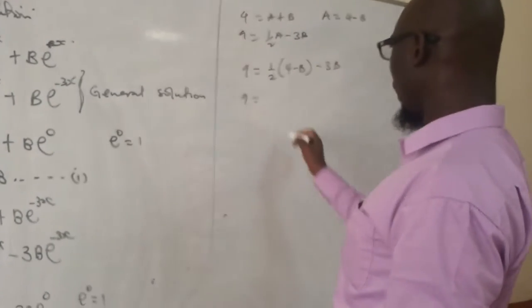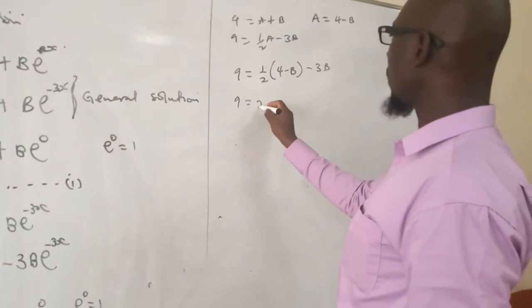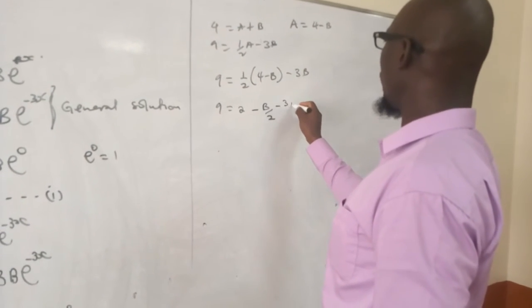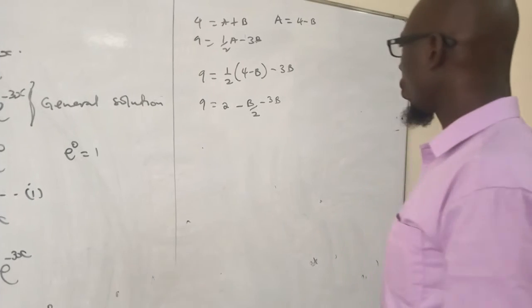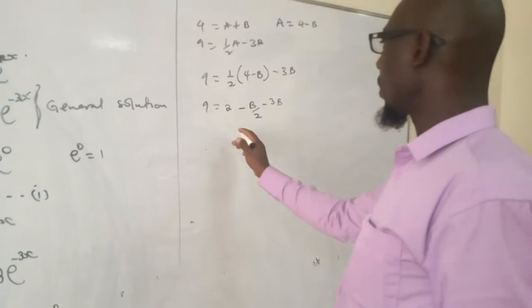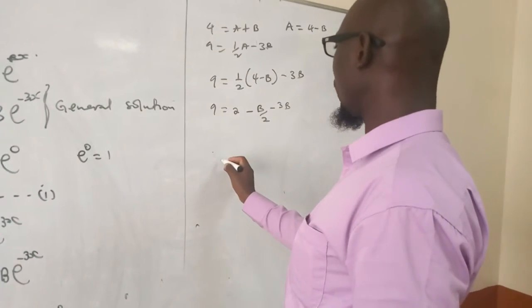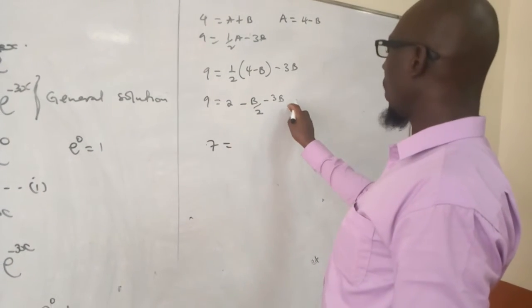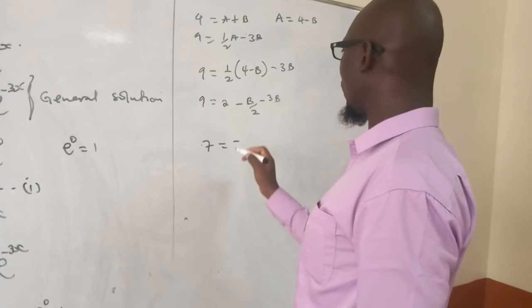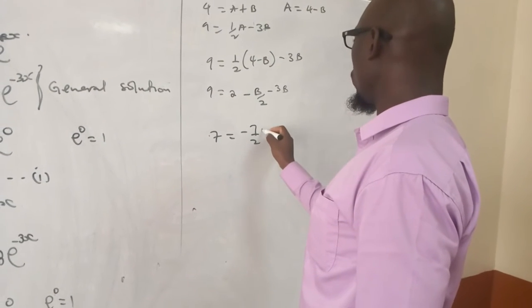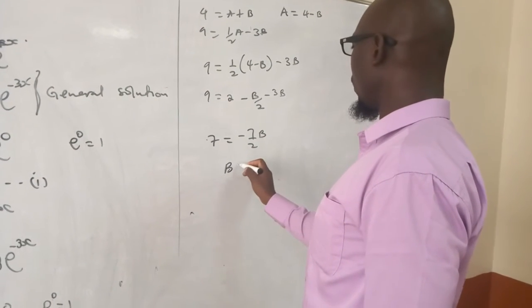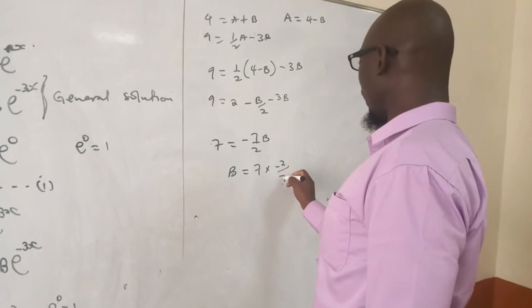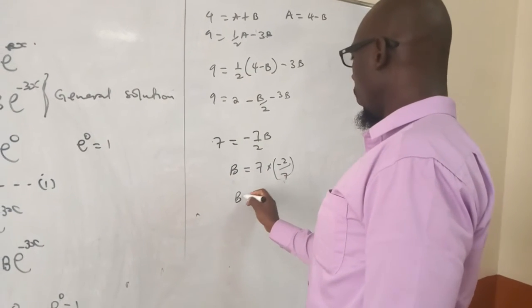Expanding the brackets, you get 2 minus b over 2 minus 3b is equal to 9. So if you combine this, take this one to the other side, it will be negative. You get 7 is equal to a half b minus... that one gives you negative 7 over 2 b. So b shall be equal to 7 multiplied by negative 2 over 7, giving us b is equal to negative 2.